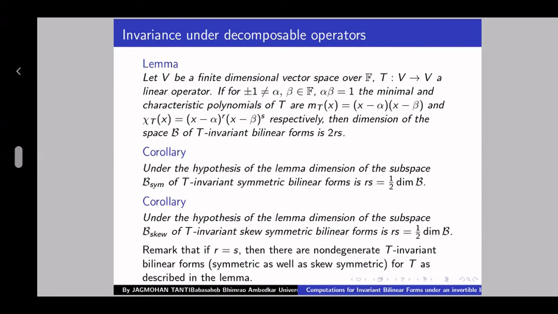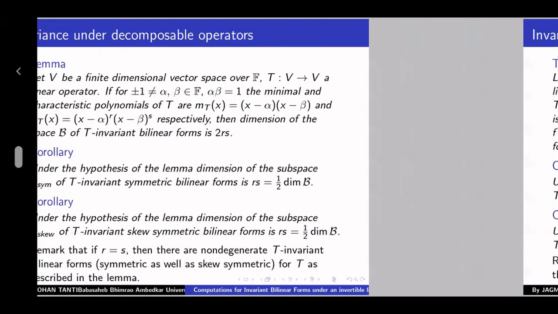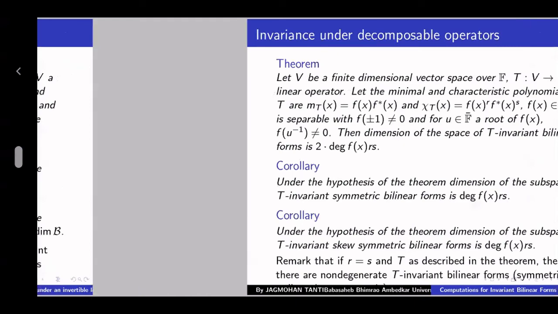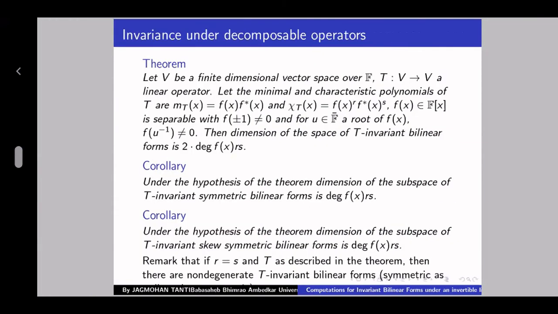So again, here we are considering the minimal and characteristic polynomial of T with polynomials like f of x into f star of x.